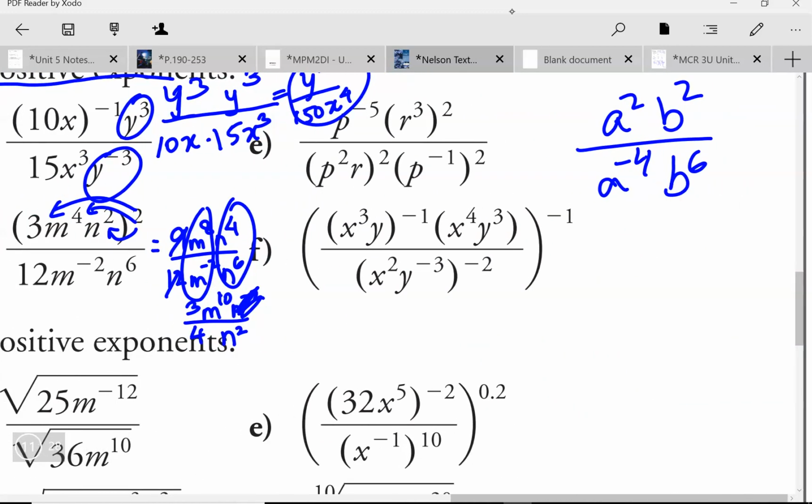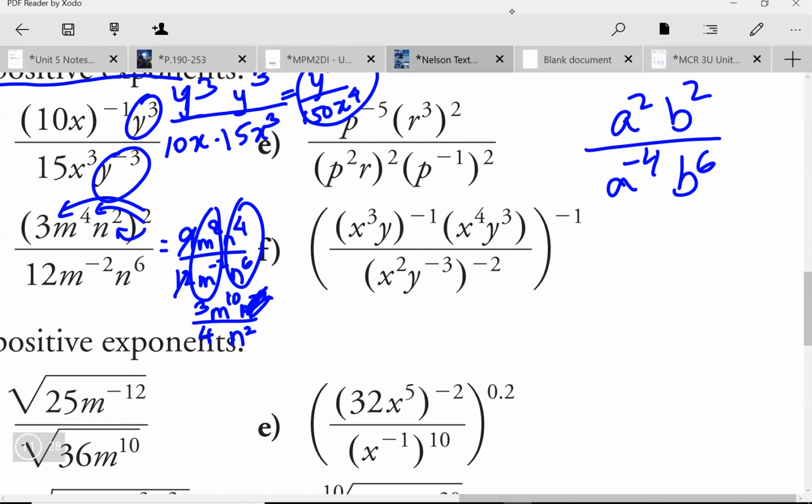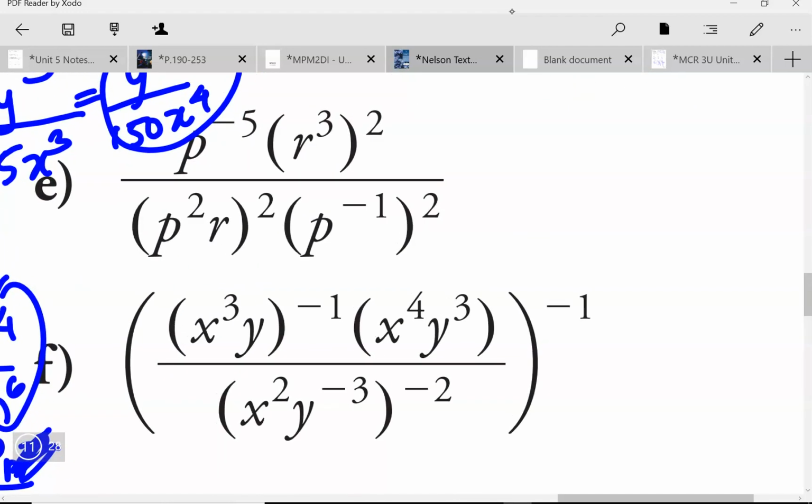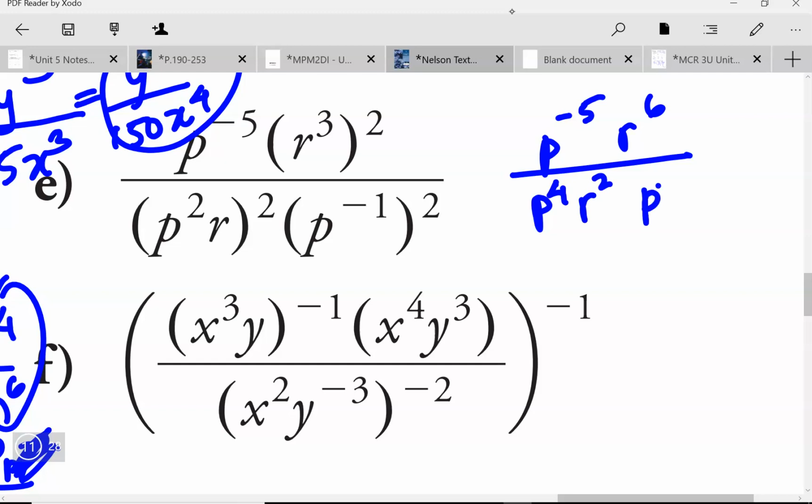Okay, let's take a look at the harder ones. Erase this. I don't even know what question that is. It's probably from the previous thing. So again, here I have p to the negative 5, r to the 6 divided by p to the power of 4 r squared p to the power of negative 2.